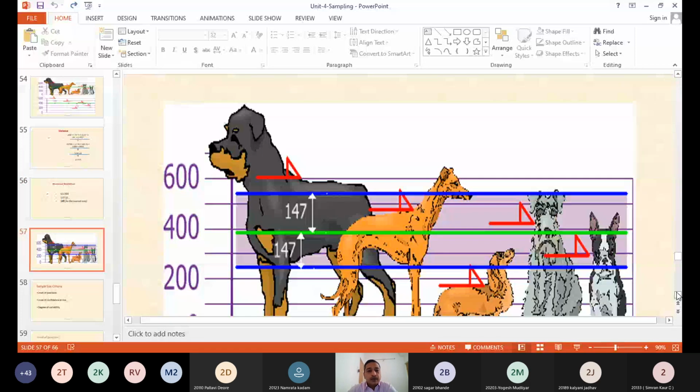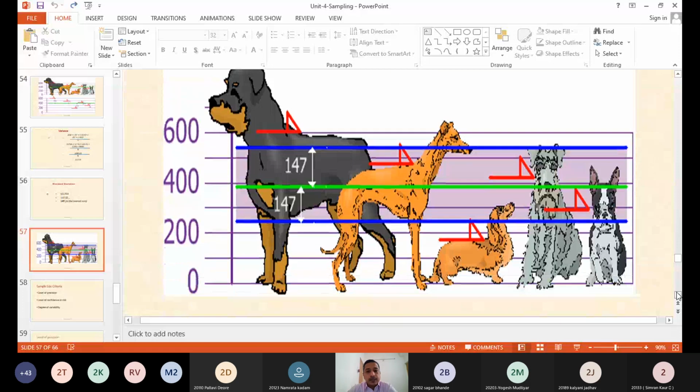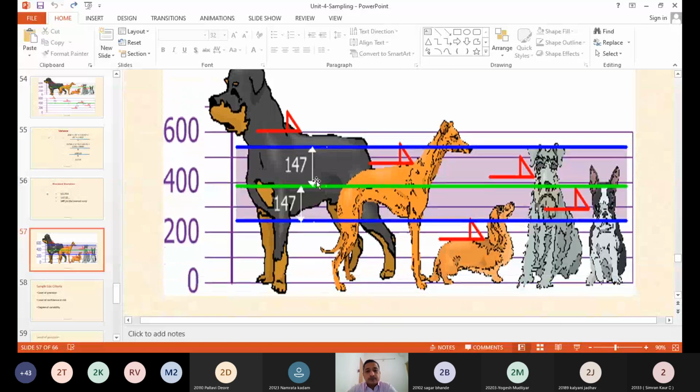If we mark that 147 standard deviation from this mean, we will have these blue lines, one blue line on the upper side and one blue line on the lower side. So we'll have this range of standard deviation 147 on both the sides, from where we can understand the standard deviation for this particular group.